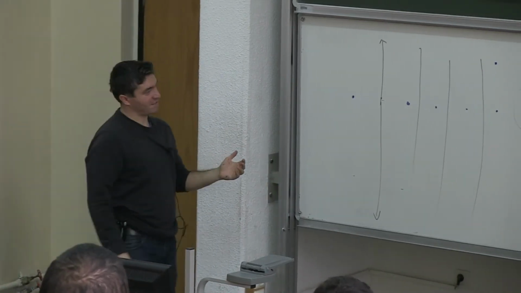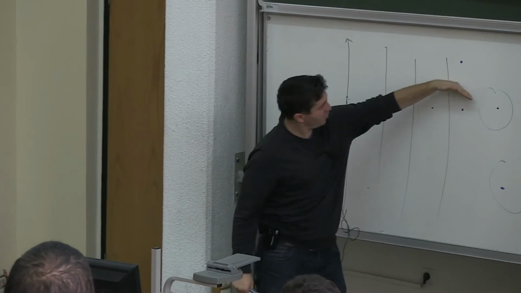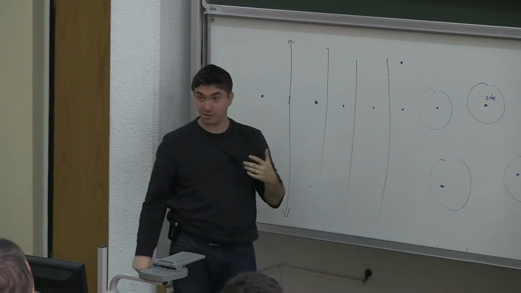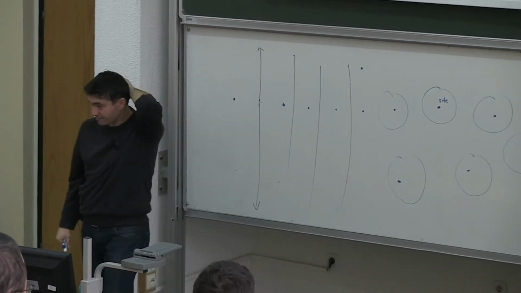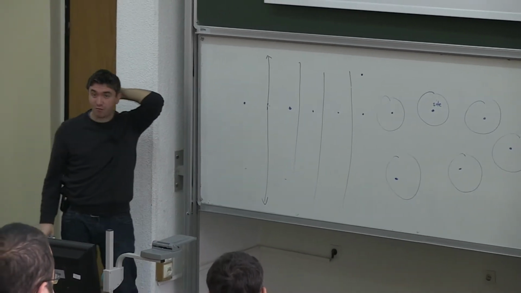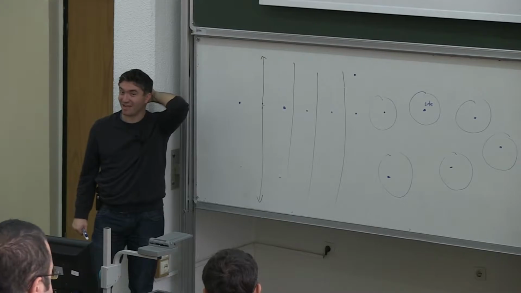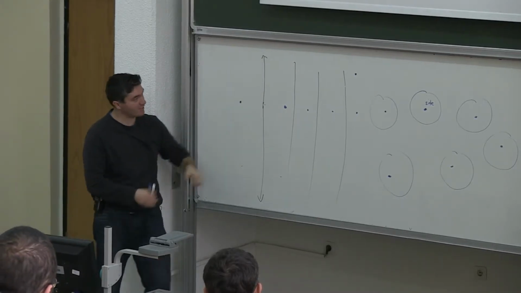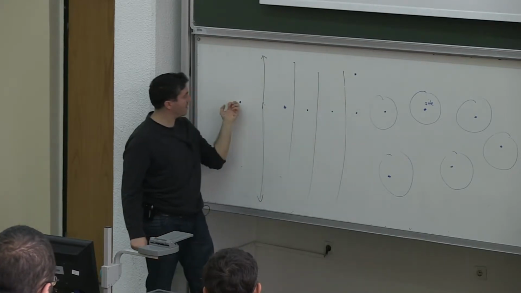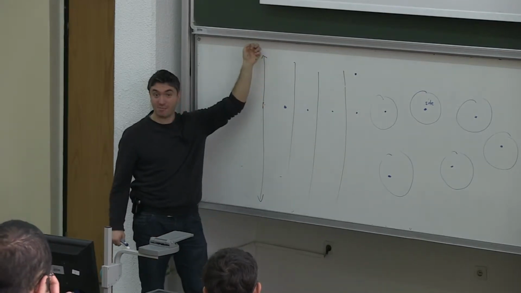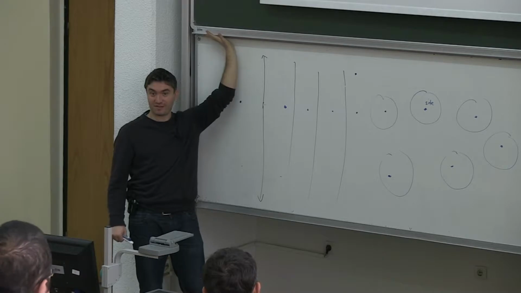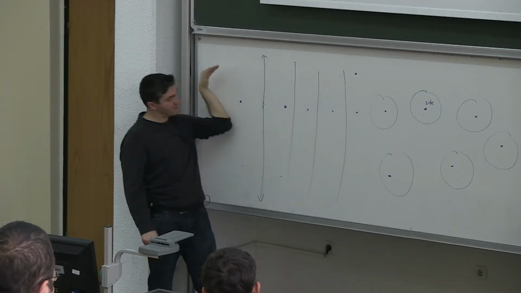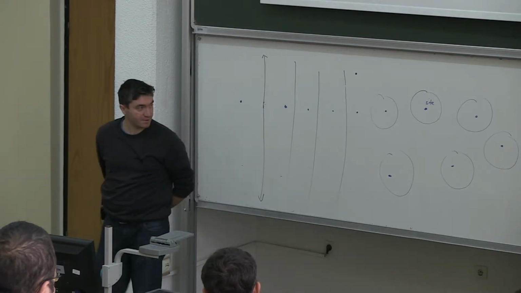What will happen is that there will be no full line left, because even this full line is going to be intersected. There will be some points above here in this region which are closer to this one. So all these full lines are going to be disrupted.